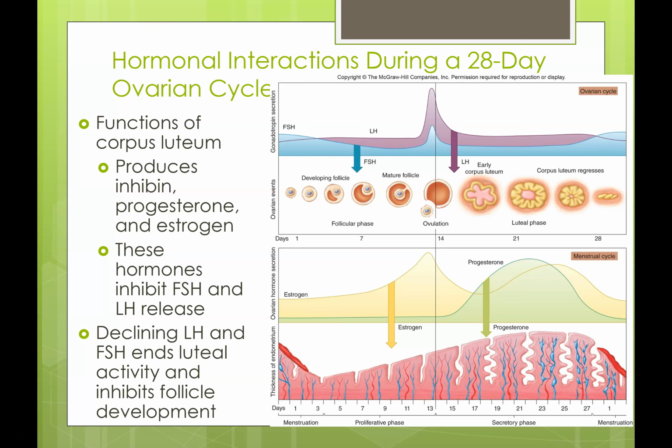It will also produce progesterone, which I mentioned in the slide earlier. And this little note about these hormones inhibit FSH and LH release is about inhibin and progesterone and estrogen. So you could see that while these hormone levels have increased, these LH and FSH levels are lower, because at this point we really don't need follicular development and need it to regress until the ovarian cycle takes place again.